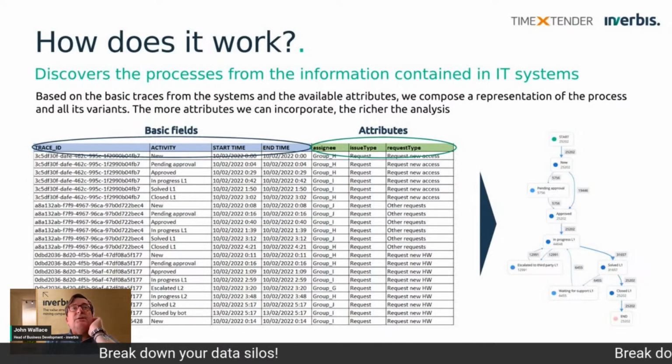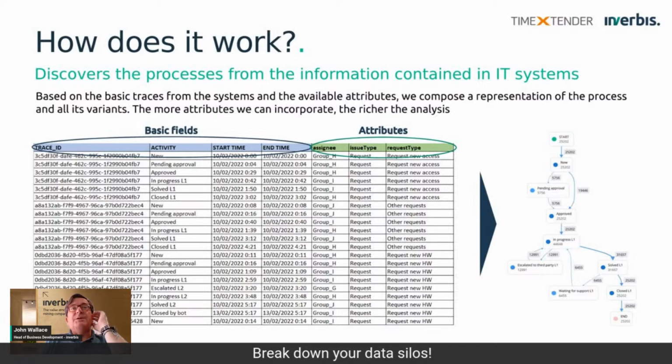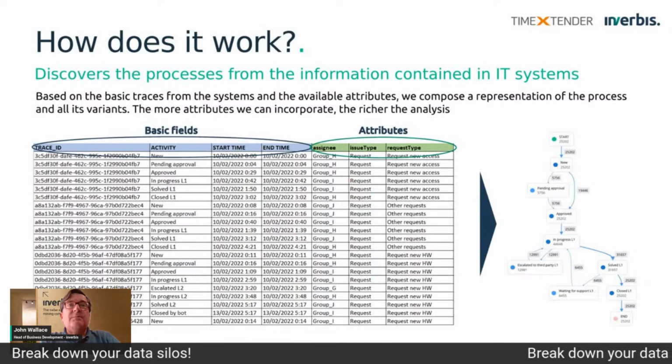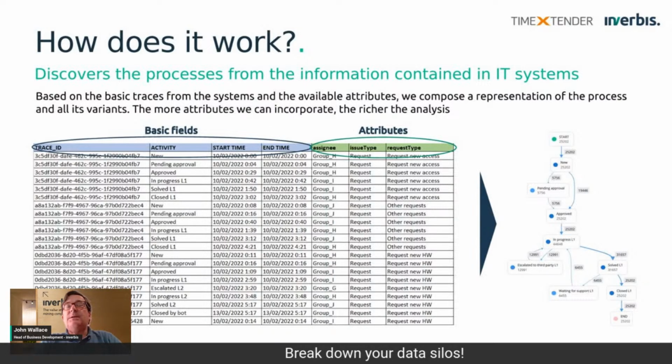You need the activities, or the events that are occurring, and you need some timestamps. Generally one timestamp is enough, but if you have two timestamps, then you can differentiate between durations of activities and durations of transitions between activities.